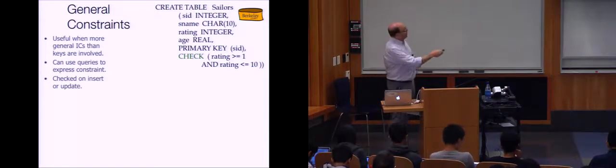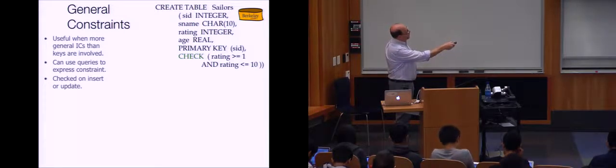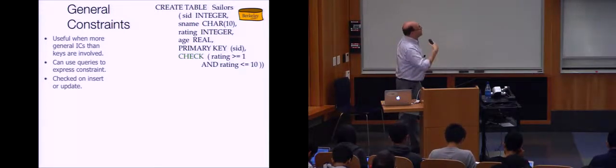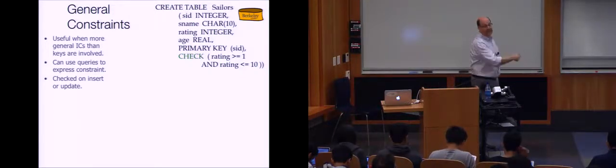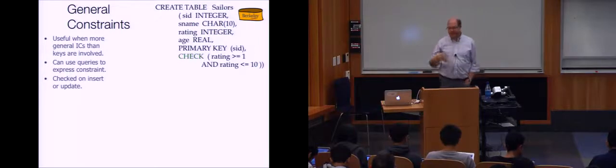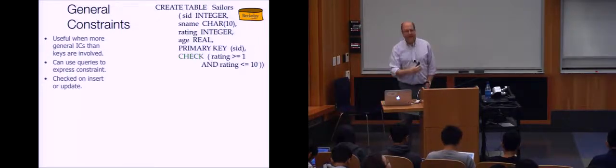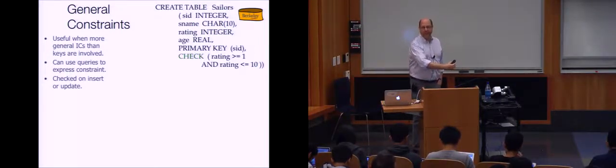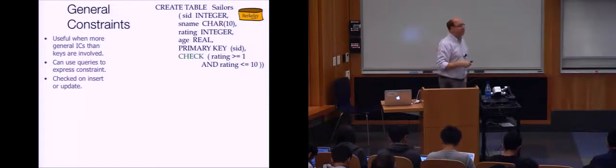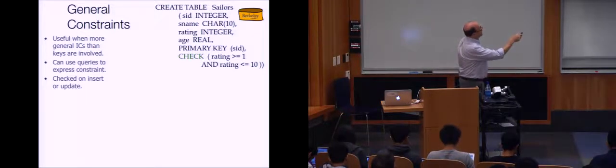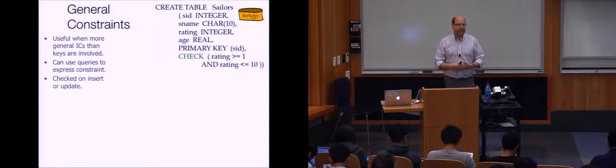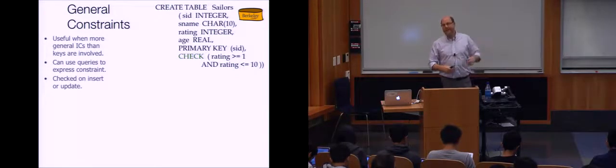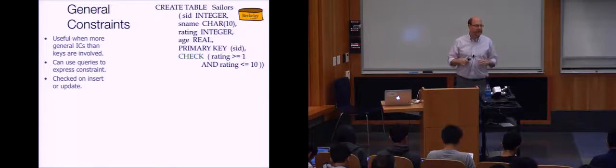This check constraint is defined as part of the schema, and when you create a new sailor, the check constraints will be checked, hence the name. If the record you're trying to insert satisfies all the constraints, the update will be allowed. If not, the system will throw an error. And likewise on update. I create a sailor, but now I want to change their rating to 11. With that constraint, the system won't let me do it. It'll throw an exception.